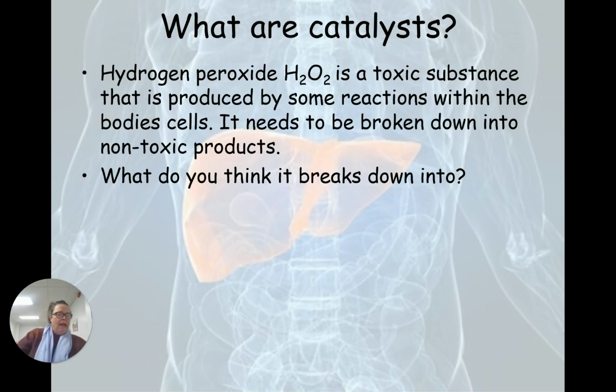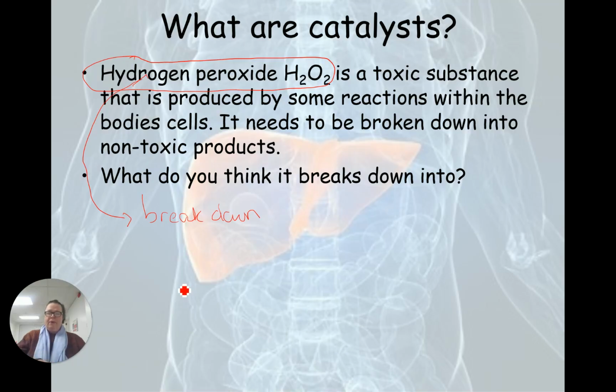And it breaks down this substance here, hydrogen peroxide. Now, we produce hydrogen peroxide from various metabolic reactions, but it's actually quite poisonous. So we need actually to break it down. And the liver is really good at doing this.